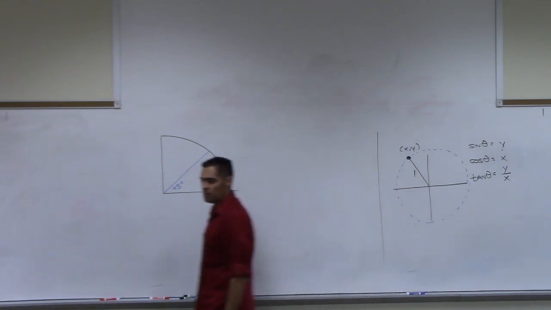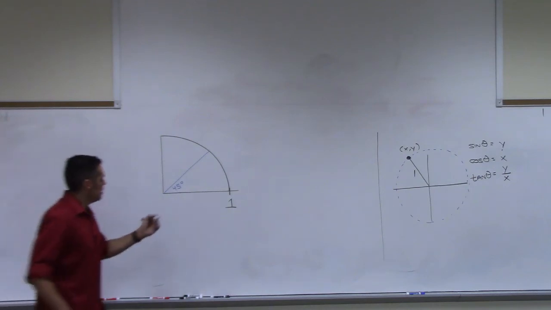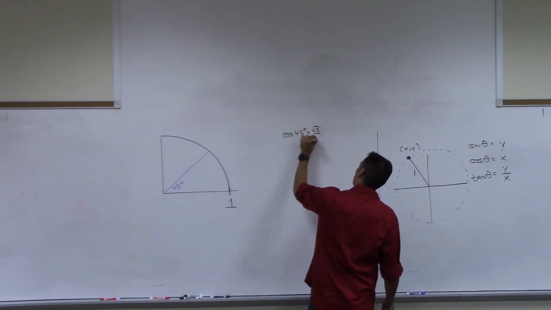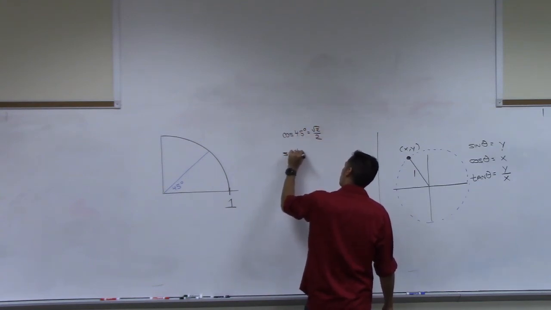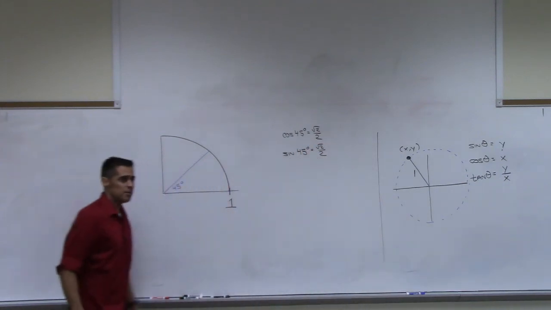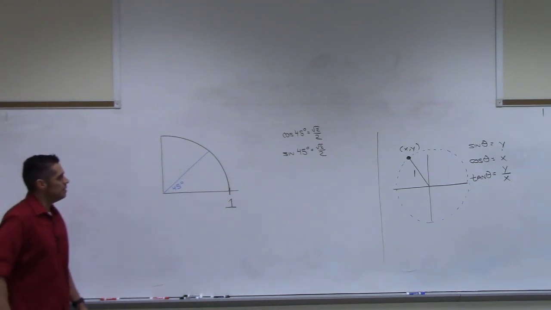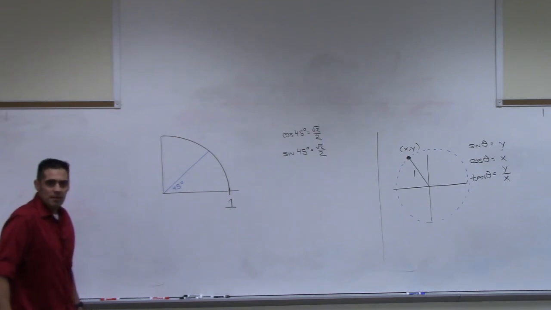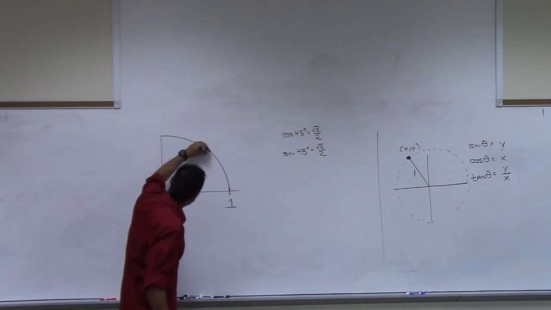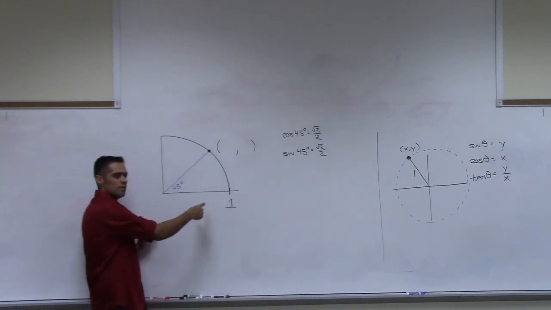Do you remember what cosine of 45 degrees was? Okay, so cosine of 45 degrees was root 2 over 2. And what is sine of 45 degrees? Root 2 over 2. And you were told that, right? You were given that information, told, hey, you can prove it. I didn't prove it. I should have proved it, but I didn't. So that was given information. So look, if I come right here to this point right now and I ask you, what are the x and y coordinates? Can you tell me what the x and y coordinates are?